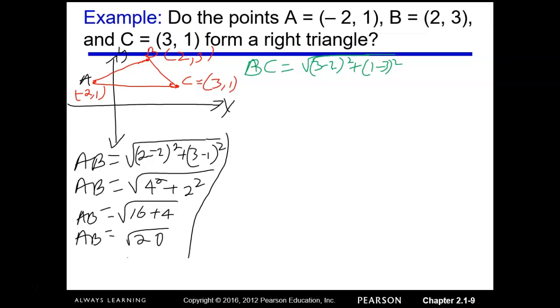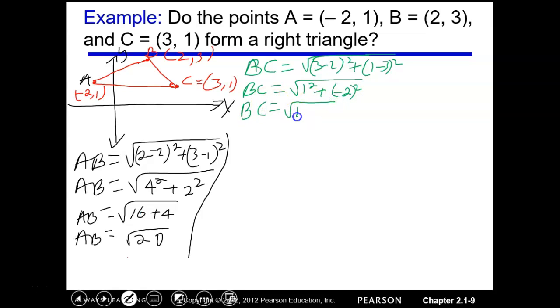So BC equals 3 minus 2 is 1 squared, plus 1 minus 3, that is negative 2 squared. So 1 squared is 1, plus negative 2 squared is 4.